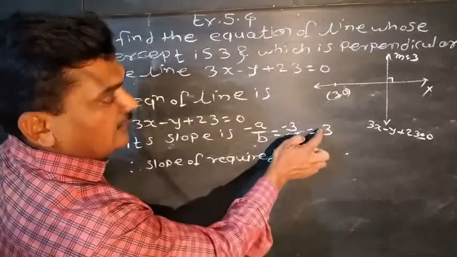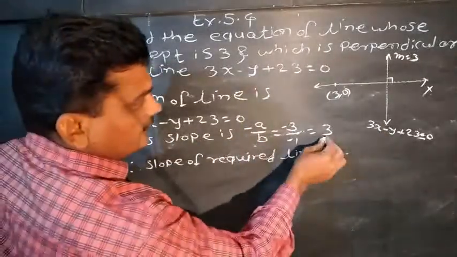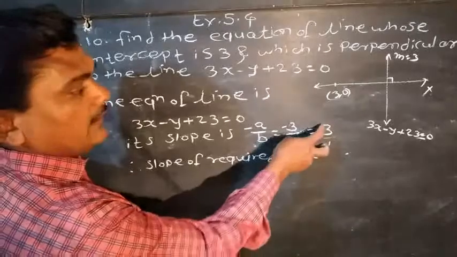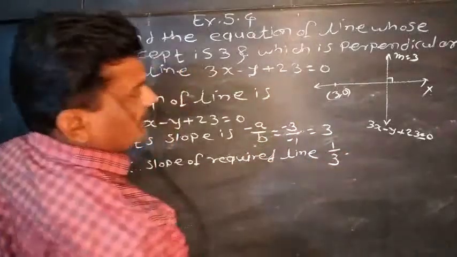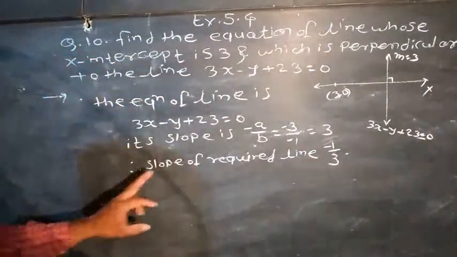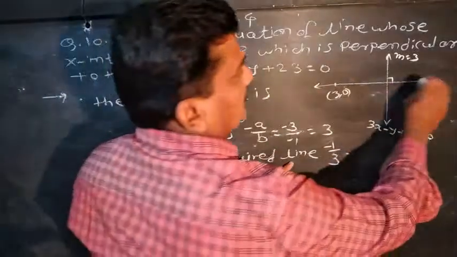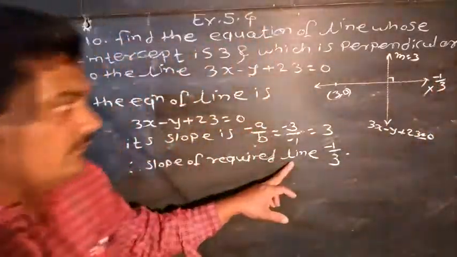The slope of the given line is plus 3. Consider the denominator 1 and take the reciprocal, the value is 1 divided by 3. Next, take the minus sign. Therefore, the slope of the required line is minus 1 divided by 3.